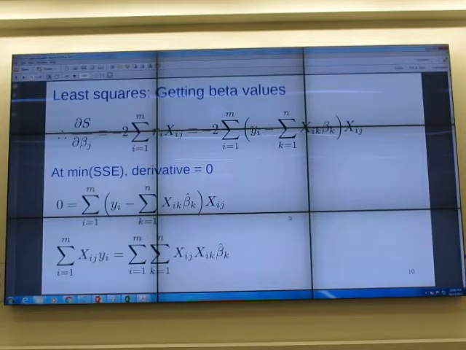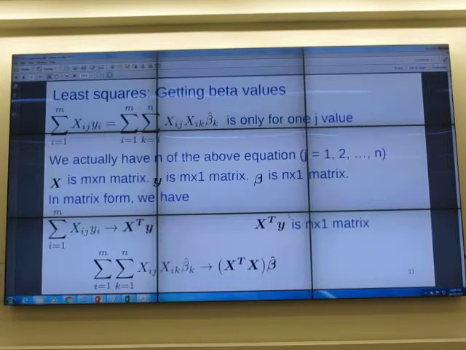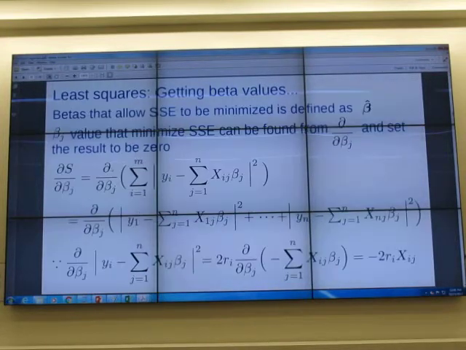How many equations do we have? Many. M equations. This is only for one j value. We just did the partial derivative with respect to beta j, so that is to find just beta j.